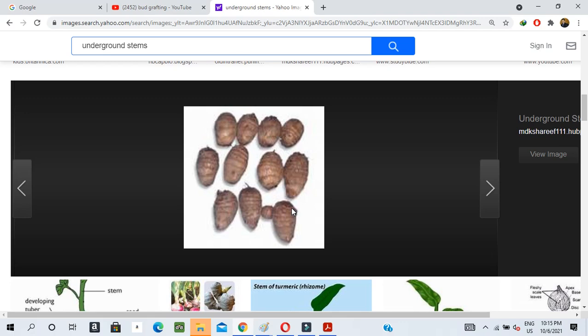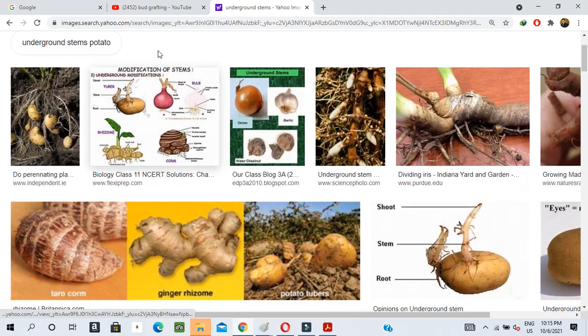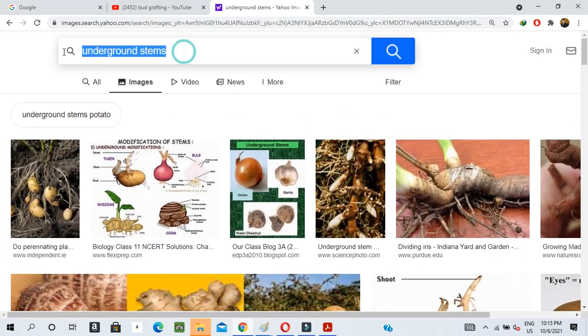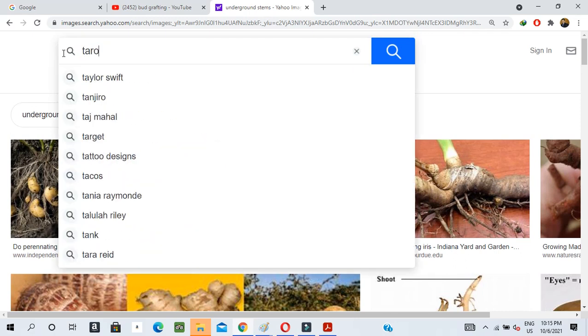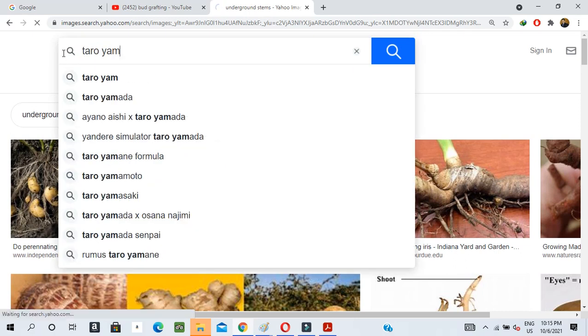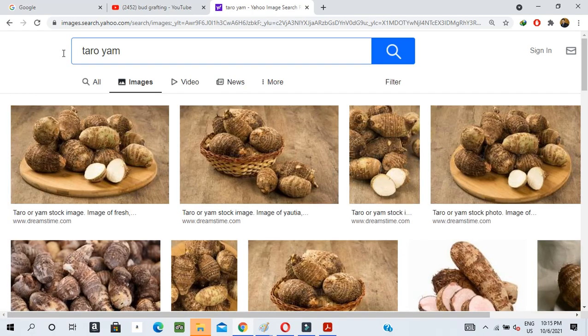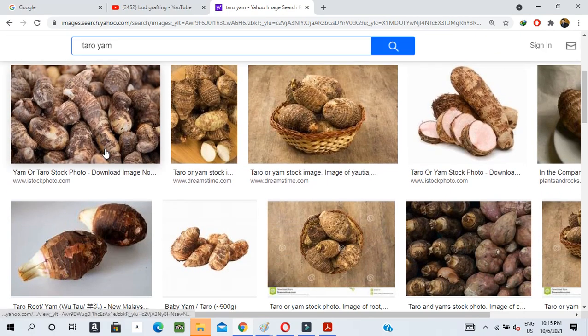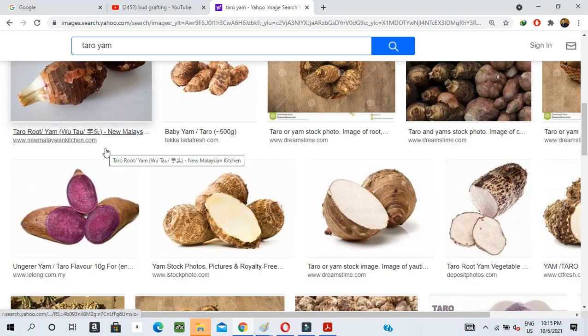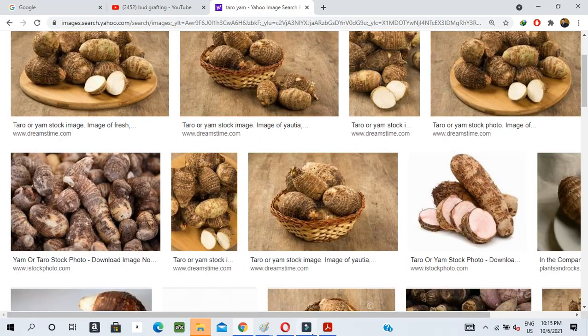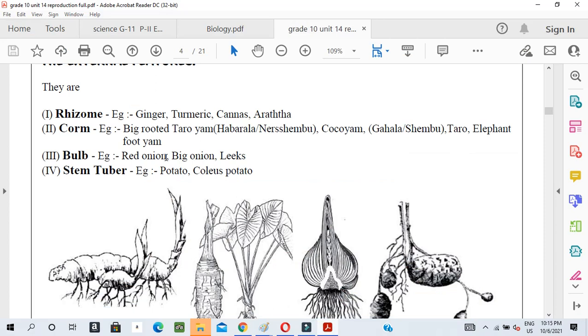If you plant this taro yam, it will grow up to a new plant. People eat this as very tasty food, and it has various names. Big rooted taro yam, cocoa yam, and elephant foot yam have corms.